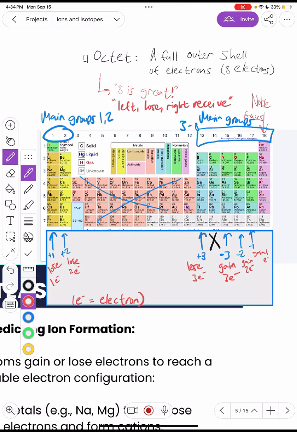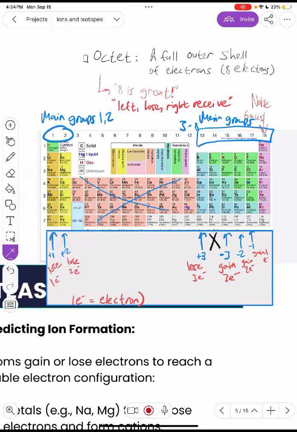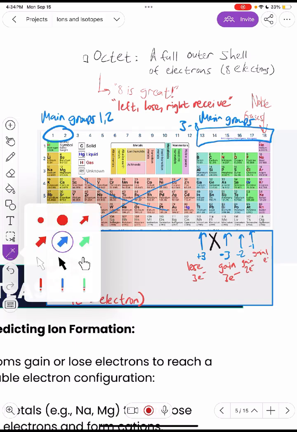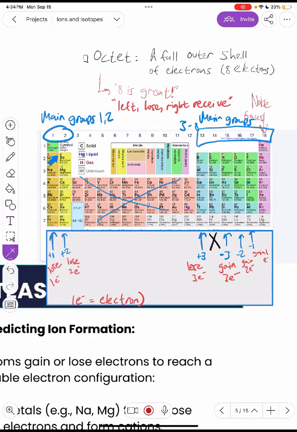Now, here's my study tip for you all. The study tip here is don't memorize the whole periodic table, because in the chat, people always ask me, do I need to memorize the periodic table? Because I know you don't get one on the test. I would memorize what I'm going to outline here.